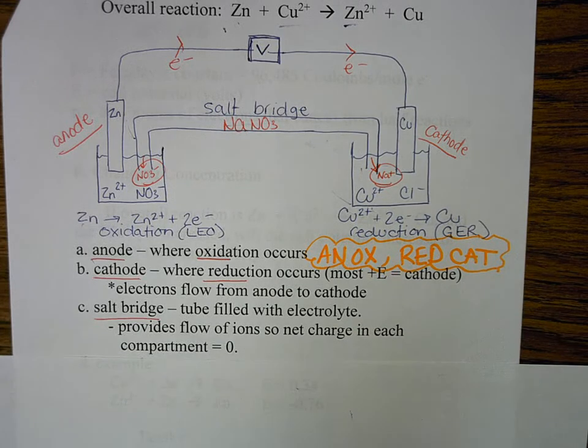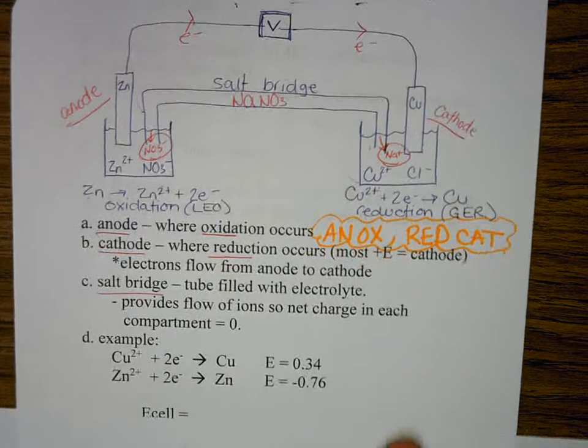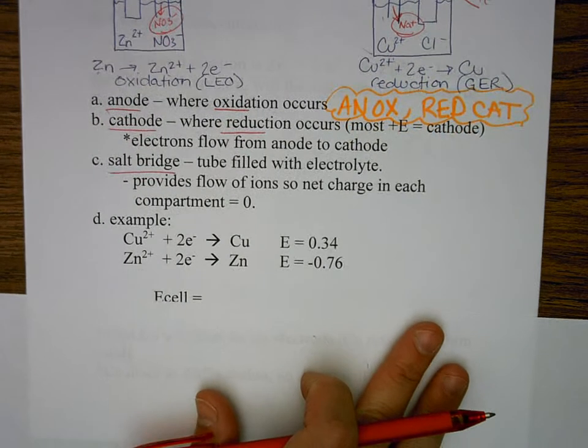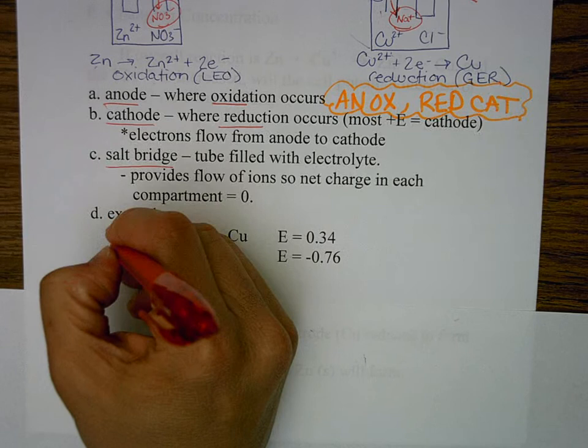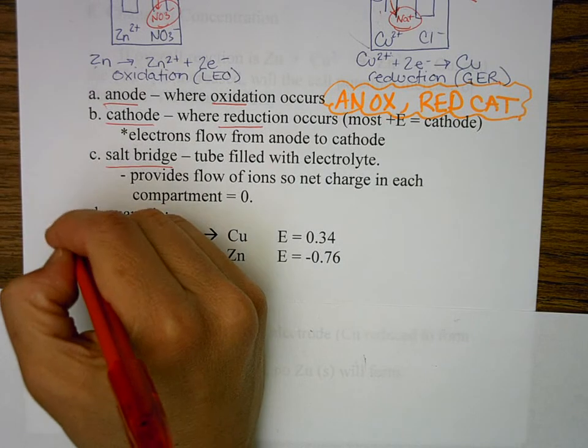The next part of the question is to figure out the total voltage of the cell. These are the half reactions that will be given.